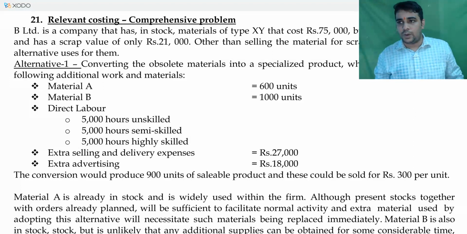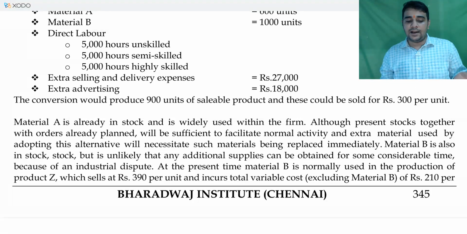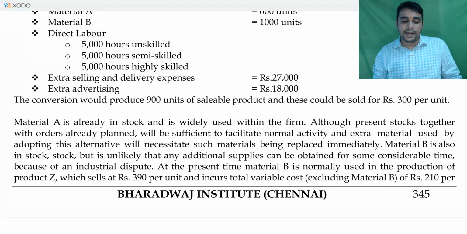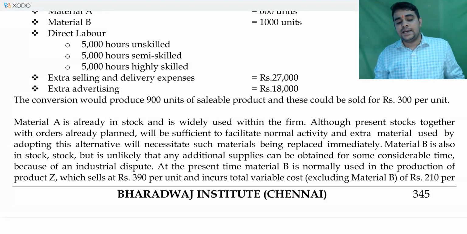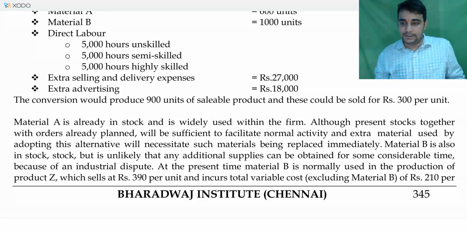That's the alternative one. You convert it into a specialized product. Material A is already in stock, widely used within the firm. Present stock together with orders already planned will be sufficient to facilitate normal activity. Extra material used will necessitate such material being replaced immediately.